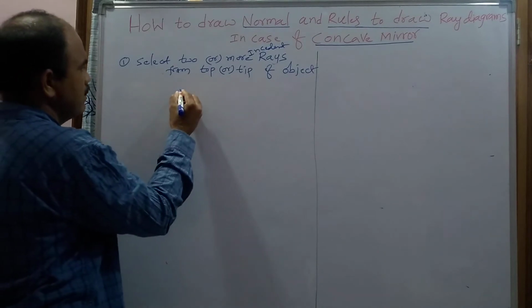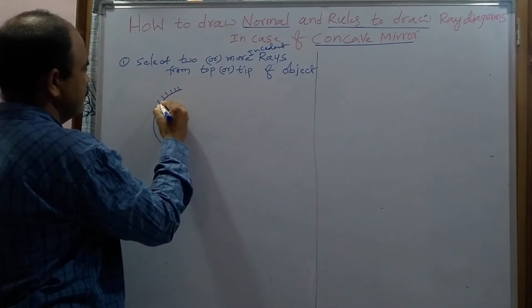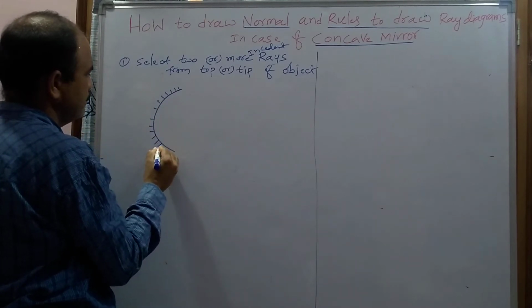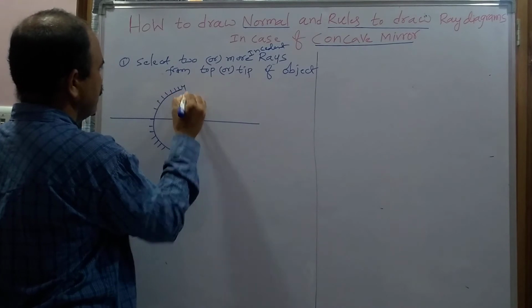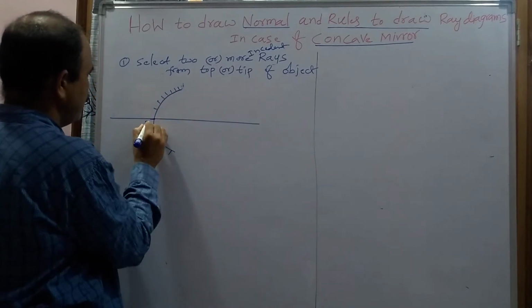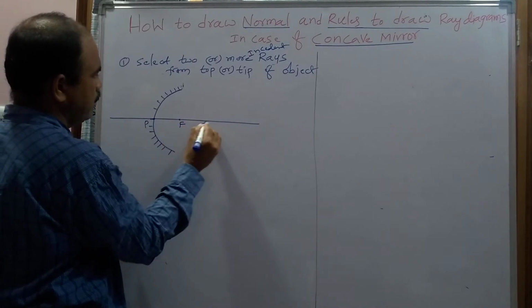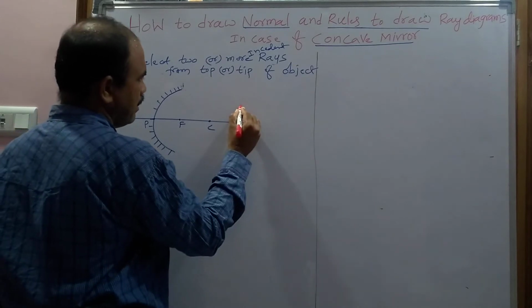Now consider, this is a concave mirror. This is the pole, this is the focus, this is the center of curvature. Now imagine this is the object.